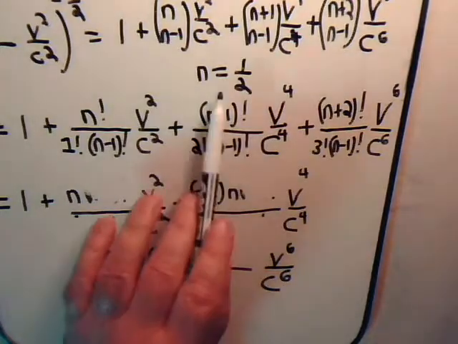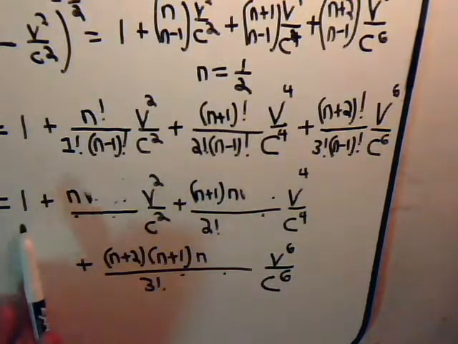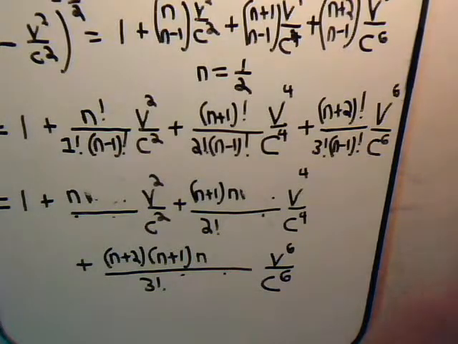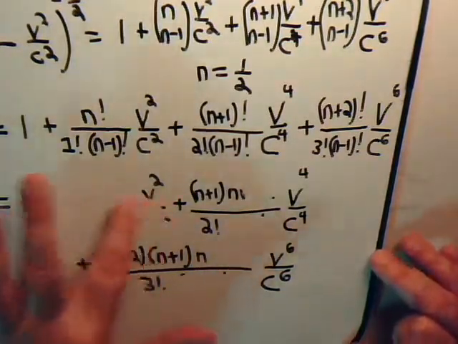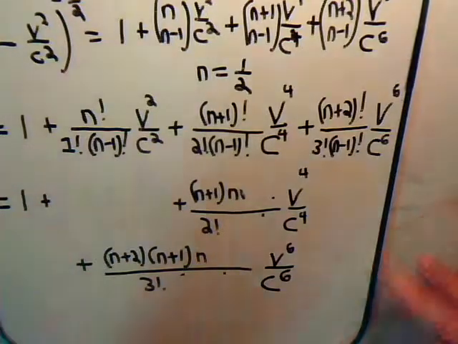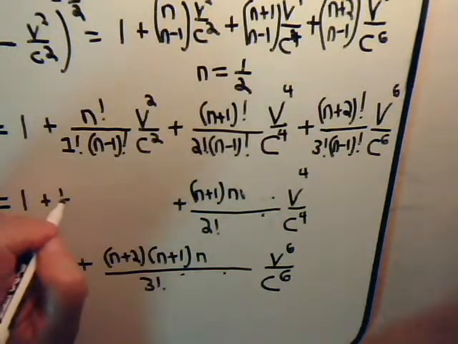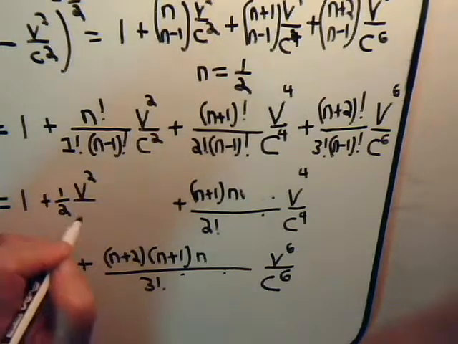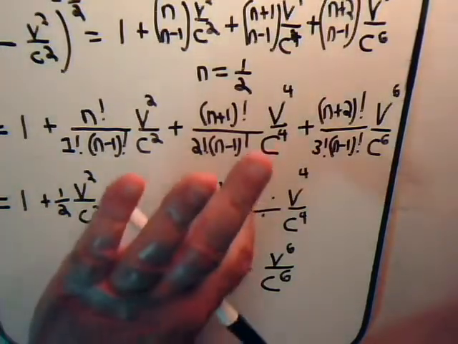Remember, n equals 1/2. So here we have 1 plus 1/2 times v squared over c squared.